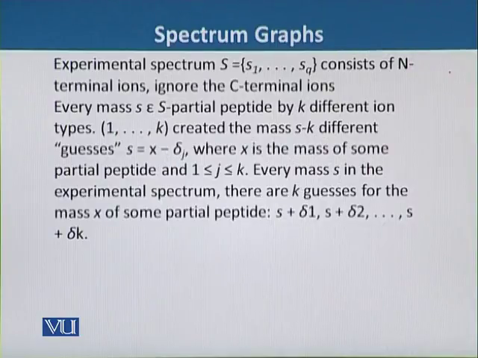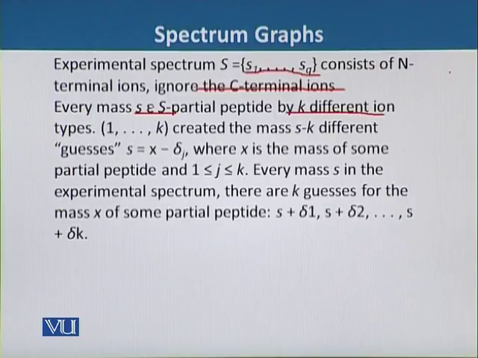The experimental spectrum S, starting from S1 to Sq, consists of N-terminal ions, and we know that there are different types of ions, such as water and ammonia losses. We will ignore the C-terminal ions for a while, and every mass s in the spectrum may have been created from a partial peptide by one of the K different ions.